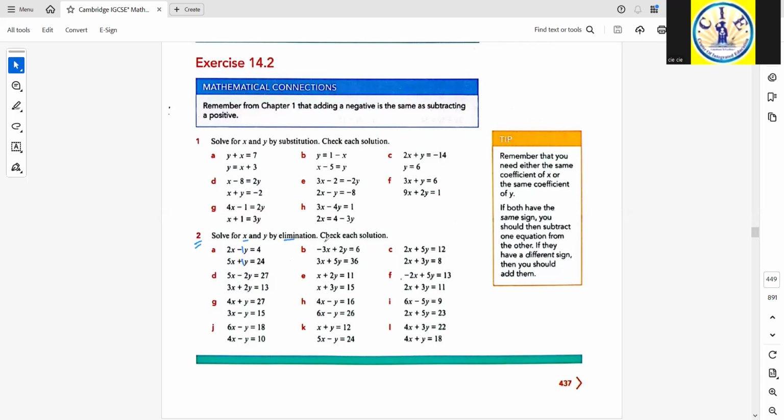If you observe this one, in this, the coefficients of the variable x are the same except for the sign. So we would be eliminating this variable x easily.